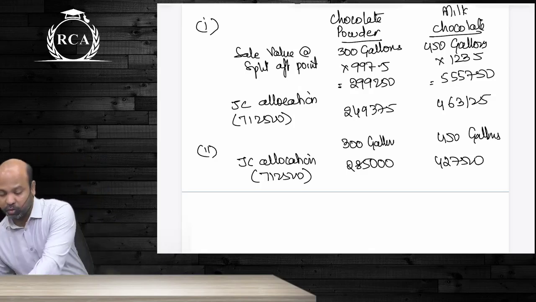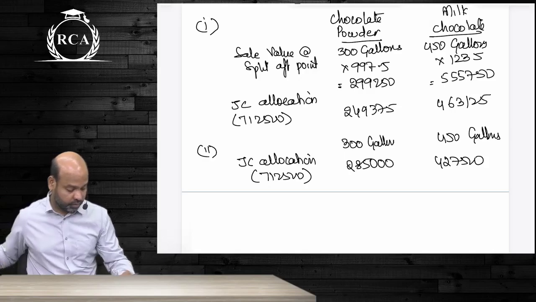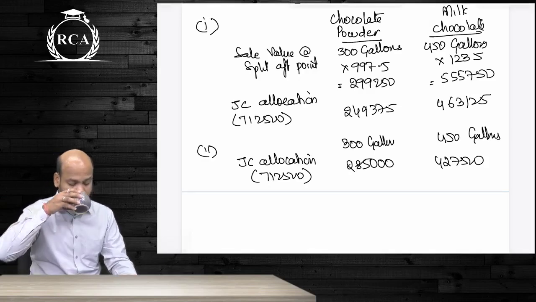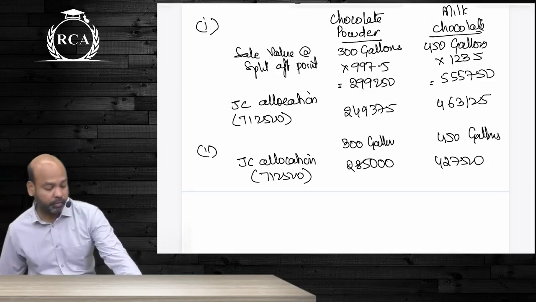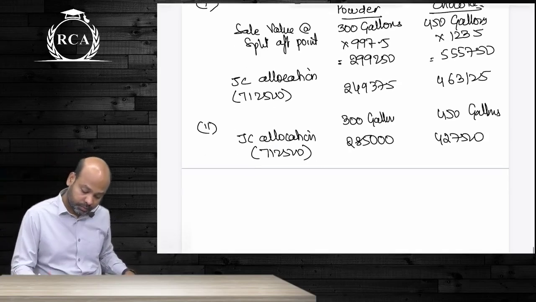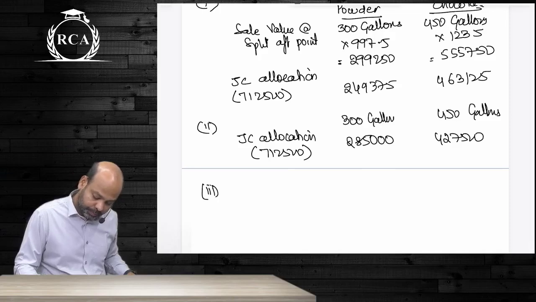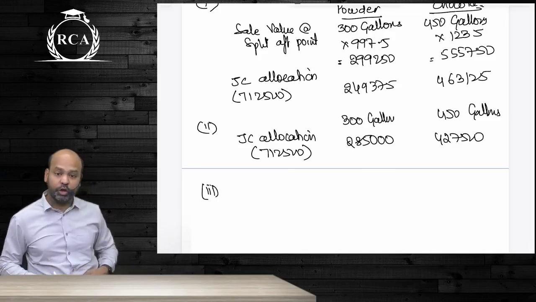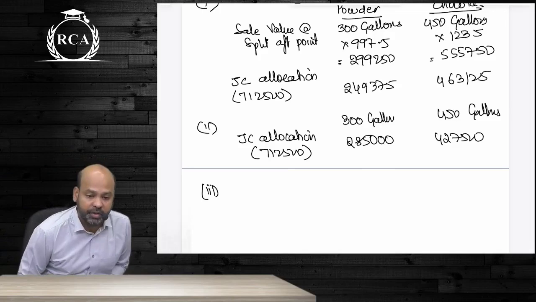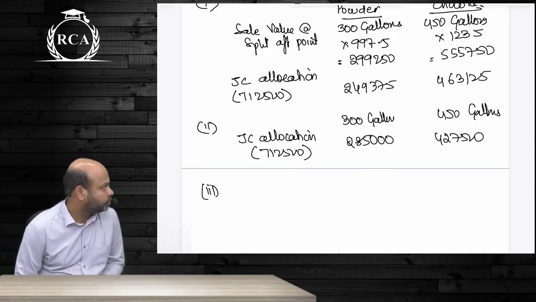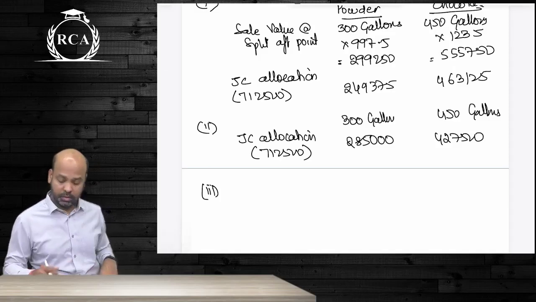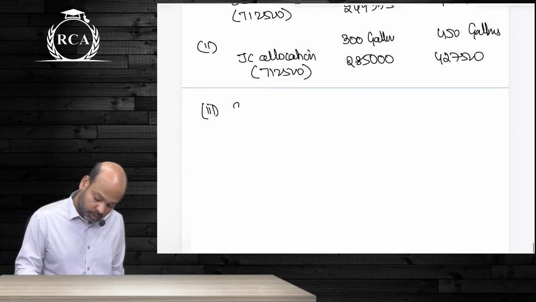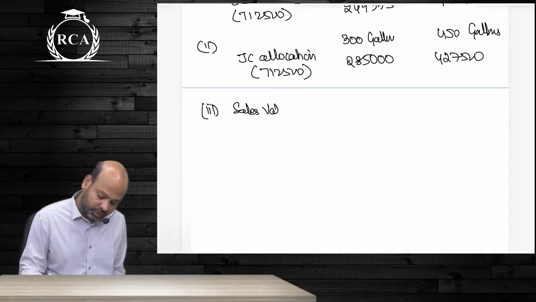Third bit, guys, you will have to allocate on the basis of NRV. You know how to do it on NRV basis. What will you write? Sales value after further processing.